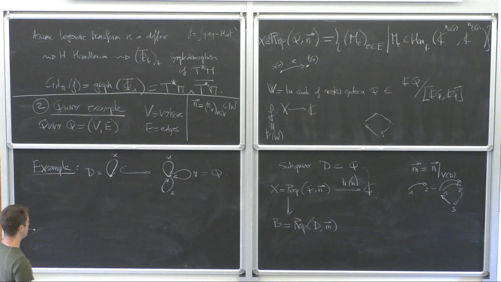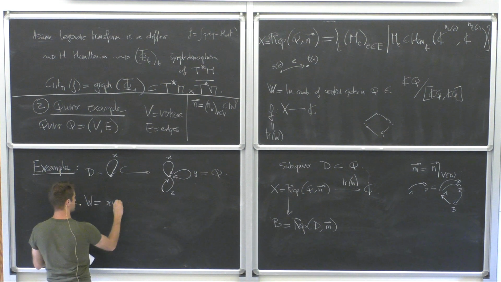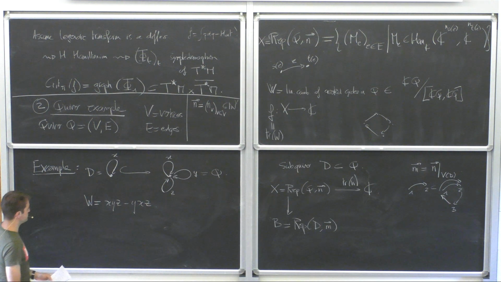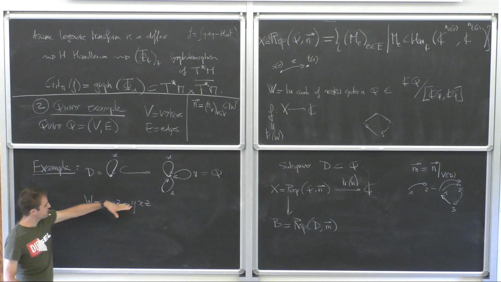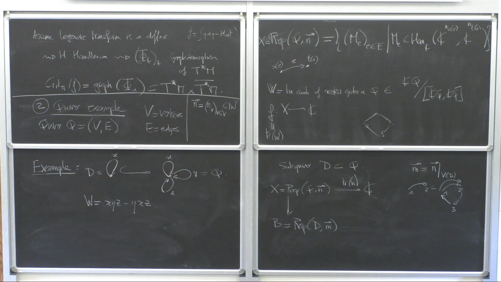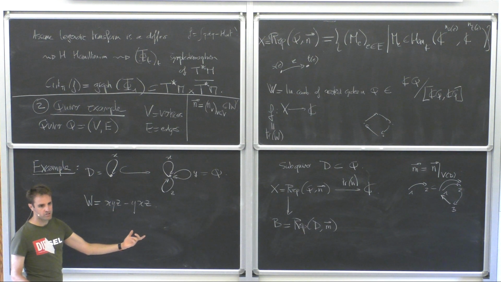As a W, let me take XYZ minus YXZ. That's a very standard potential. That's the one that gives you the Hilbert scheme of points in C3. When you take the derivative of this, you get commuting relations.